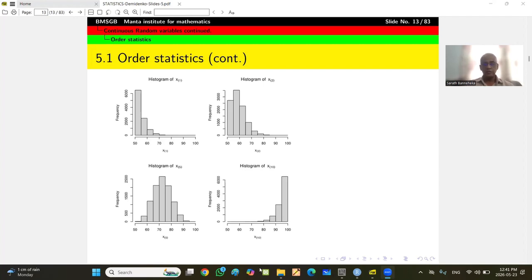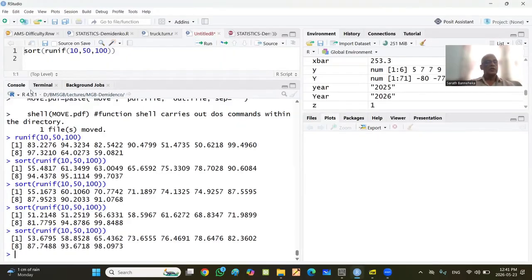So just to see this, let us generate some random numbers from a uniform 50, 100 distribution, put them in increasing order, and look at the first value. I have this command here: sort(runif(10, 50, 100)).